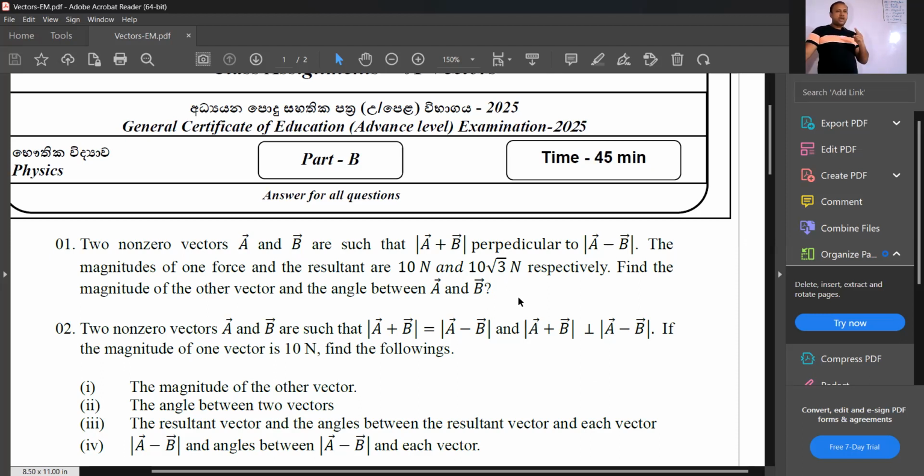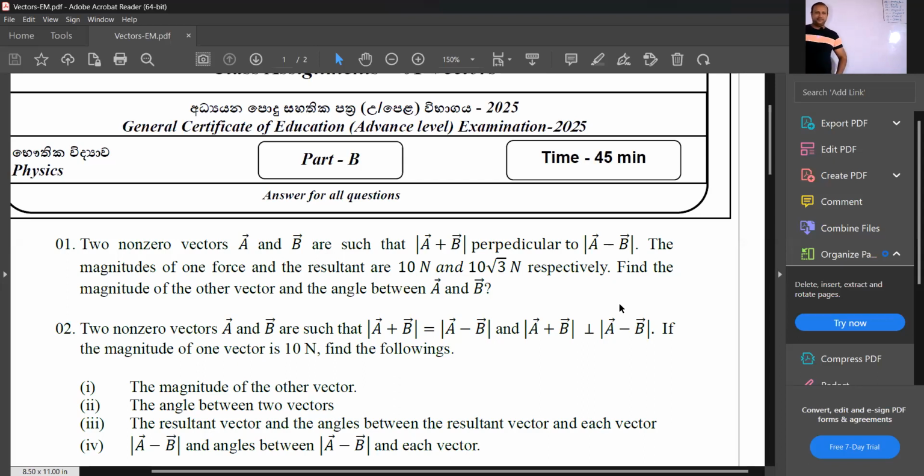It should be a square or rhombus, because A plus B and A minus B are two diagonals. If those are perpendicular to each other, the parallelogram should be either a square or a rhombus. After that, you can clearly distinguish whether it is a square or rhombus.